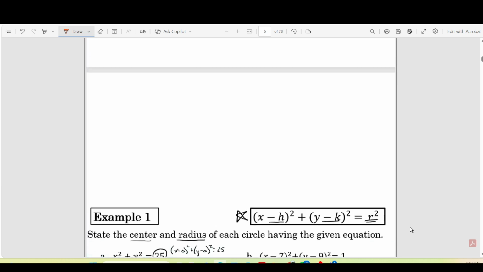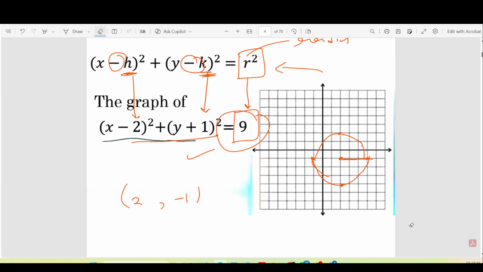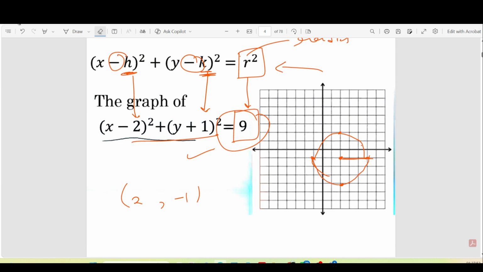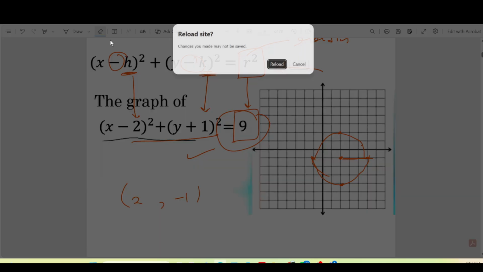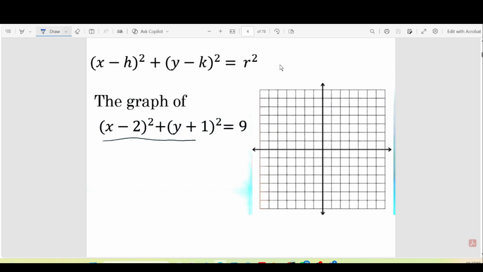Okay, that's great. Let's plot it on the same graph. The center is 0, 0, which is this, right?